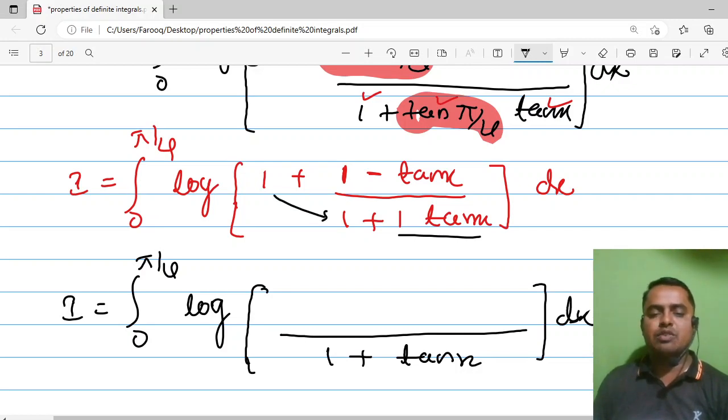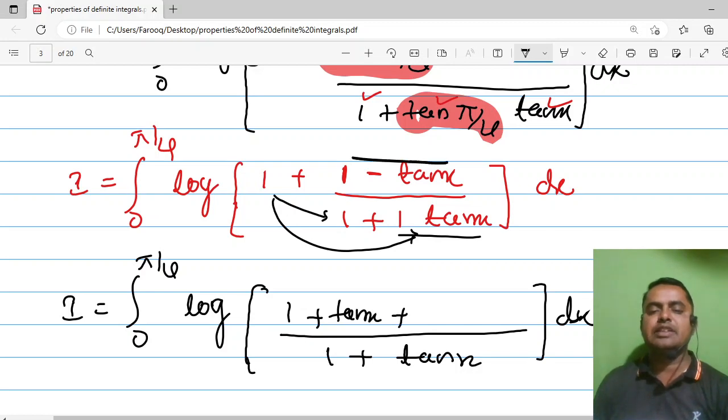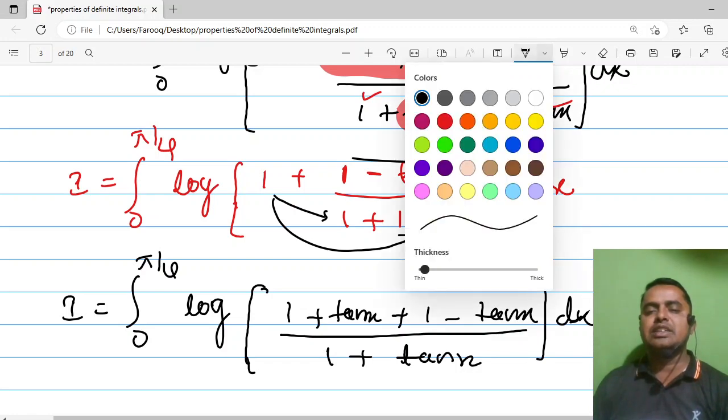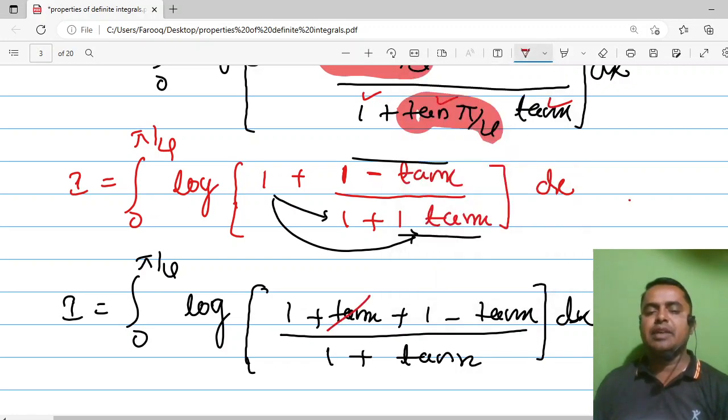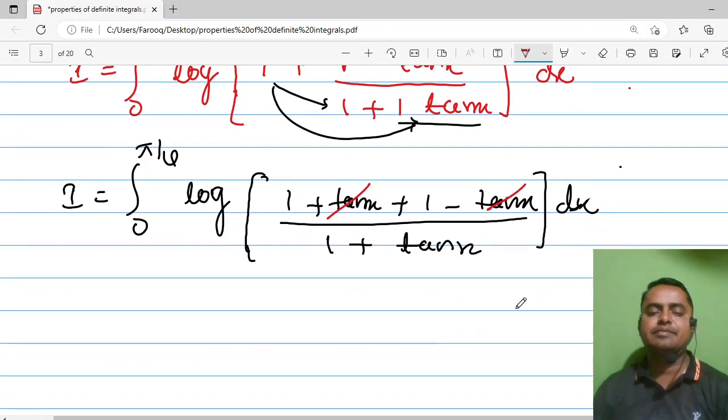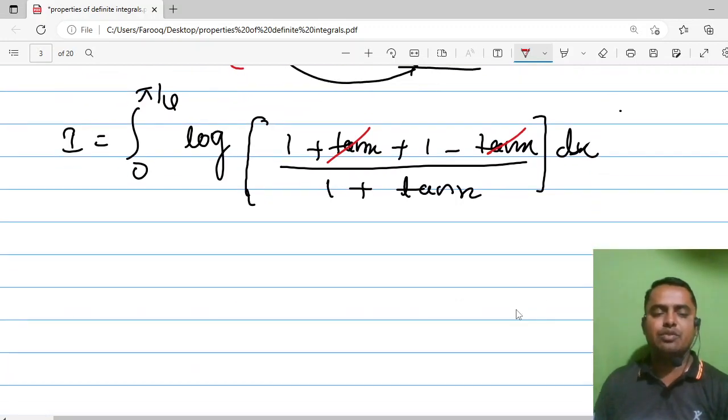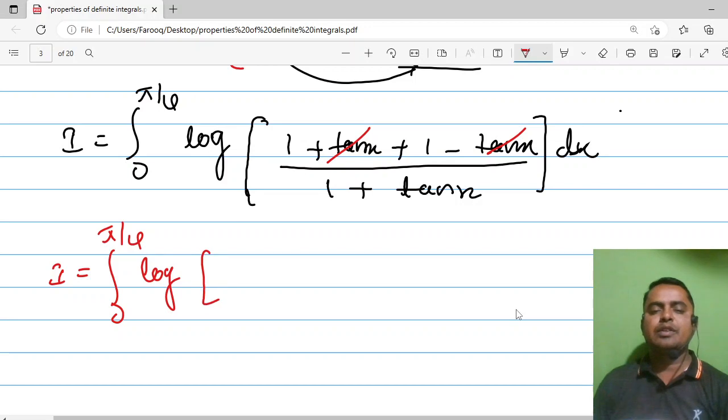Now 1 into 1 is 1, plus 1 into tan x, plus 1 minus tan x as it is. Now cancel plus tan x and minus tan x in the numerator. Now again I is equal to integral 0 to 5 by 4 of log, this 1 plus 1 is nothing but 2, divided by 1 plus tan x dx.